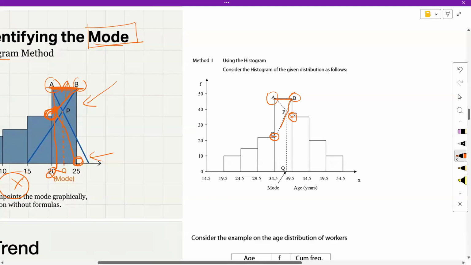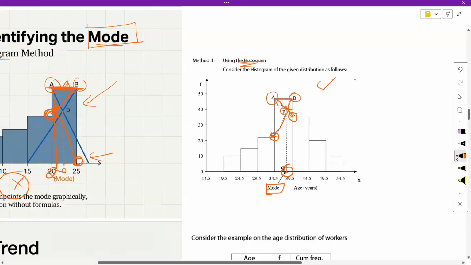We connect these points, and say the intersection point is P, and bring that point down here. When you use graph paper, you can identify the exact value of the mod. So this is a graphical method.